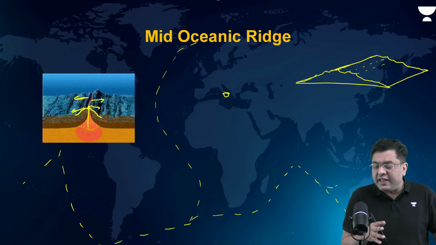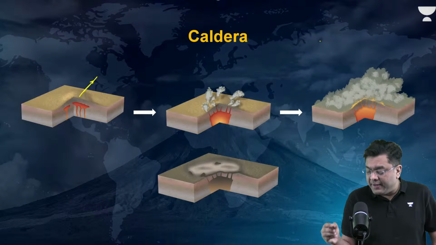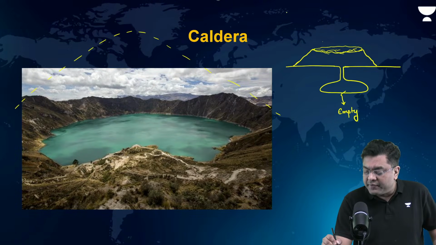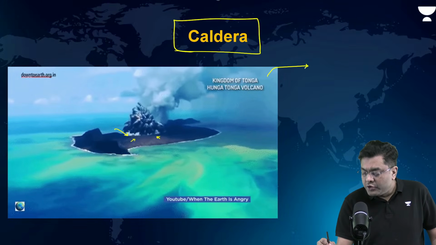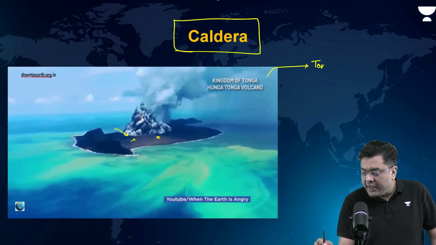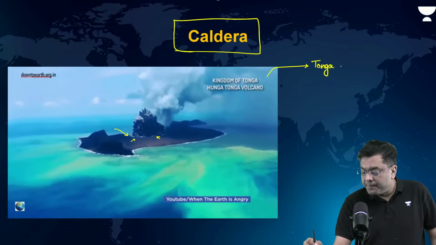If you have to give examples of caldera, by the way, what are the examples that you will provide in the exam? One is the case of Crete in Greece. Other is Tonga in the South Pacific.